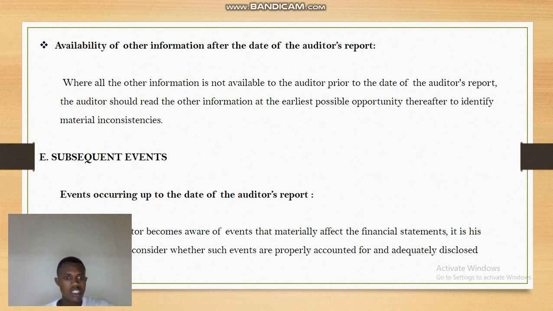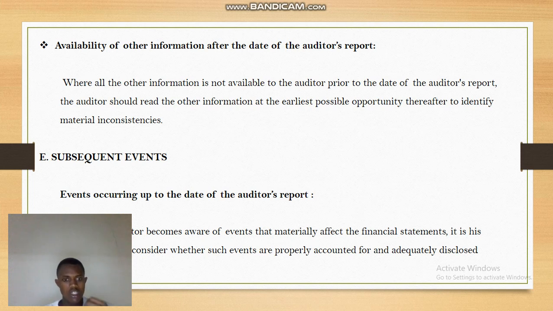Subsequent event: this is when an auditor becomes aware of an event that materially affects the financial statement. This is an event that occurs up to the date of the audit report.